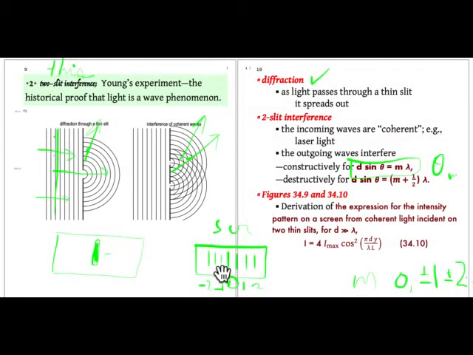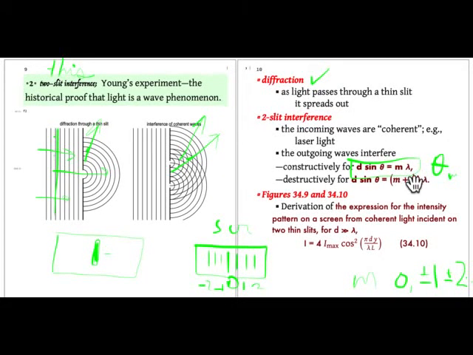So those are the second order fringes. So we have the 0th order fringe, the bright region in the angle 0. And then we have the first order fringes on either side, and we have the second order fringes on either side a little further away. And the angles are given by this equation. D sine theta is m lambda.